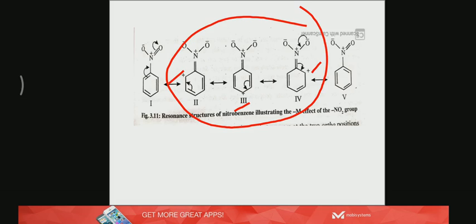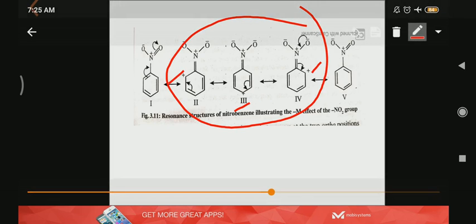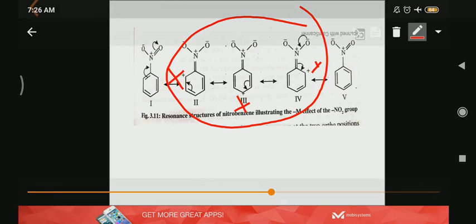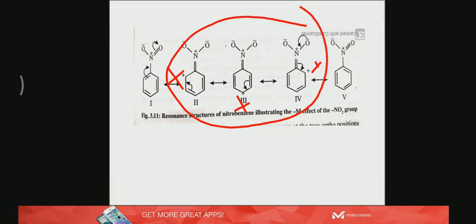So relatively the electron density is more at meta position, because at meta position there is no positive charge. So relatively electron density is more at meta position, and the electrophile will now attack the meta position. So these are meta directing, correct?